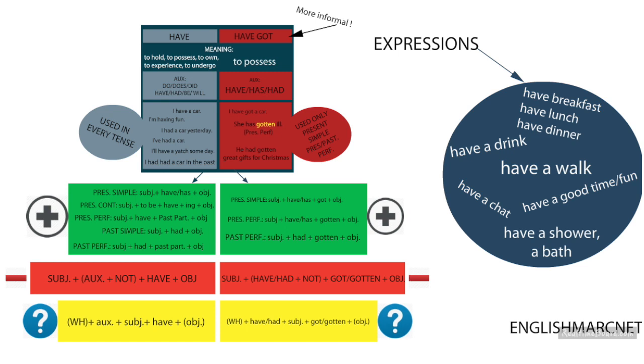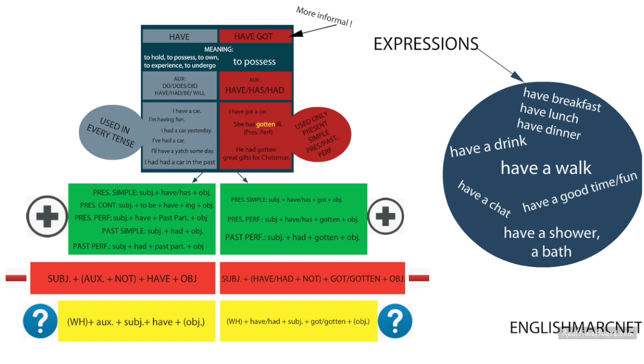So, have is an auxiliary and is also a verb. Have got is an auxiliary, have, and got should be the verb.